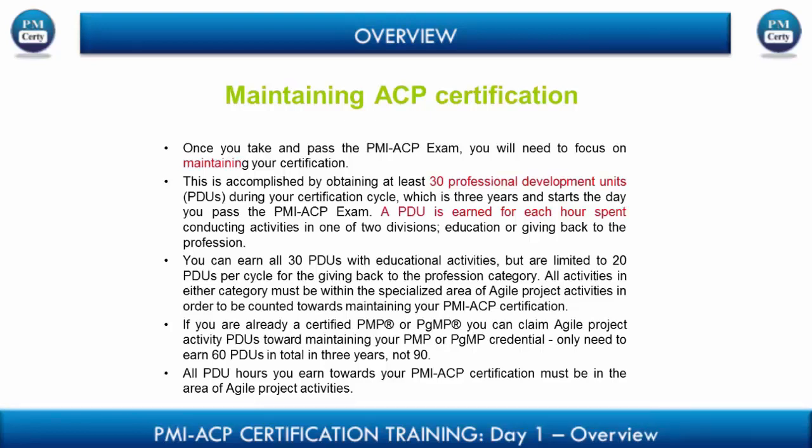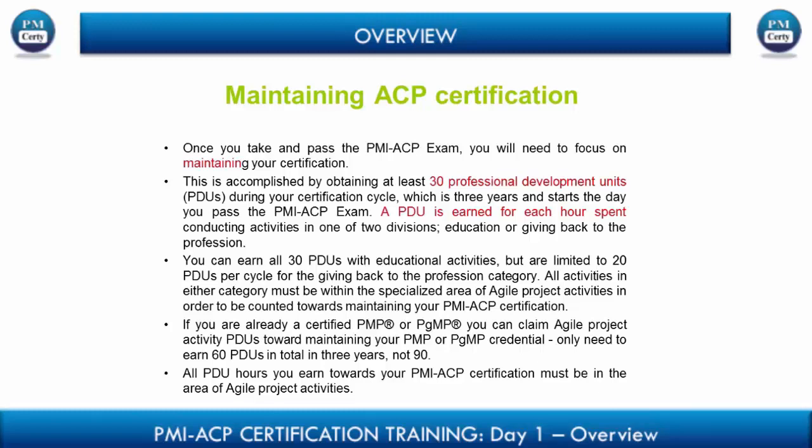People like myself who do training would very quickly have completed our PDUs. But we are not allowed to give all 30 PDUs only for the professional or training category. We have to give 10 for self-study, because there's a self-improvement path that we need to show. For those who are PMP, it may sound like a heavy burden, because PMP or PGMP also asks you to provide PDUs.